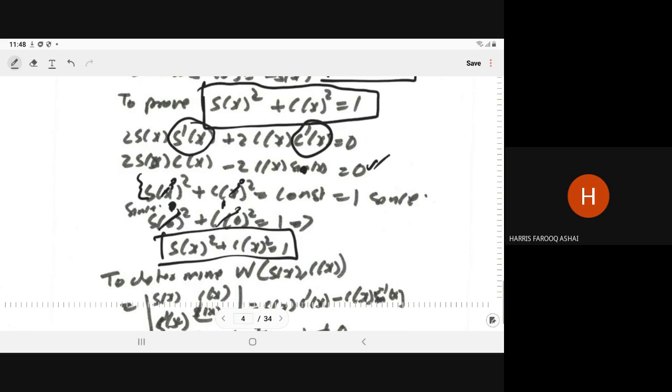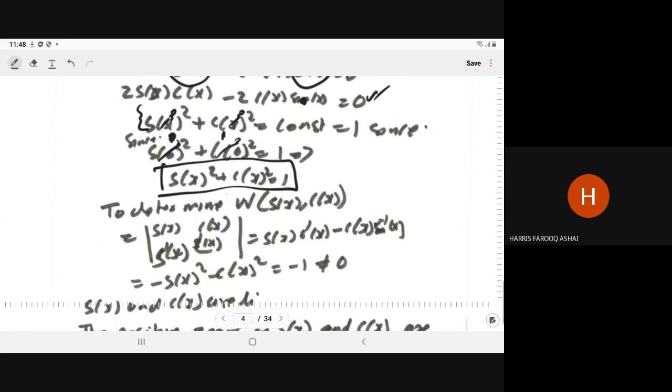Now we have said that s and c are solutions. I never claimed that they are linearly independent solutions. For cos x and sin x, you have already verified that they are linearly independent solutions. Now we have to verify whether c and s are also linearly independent. For that we compute the Wronskian of the solutions of the differential equation, the Wronskian of s and c.